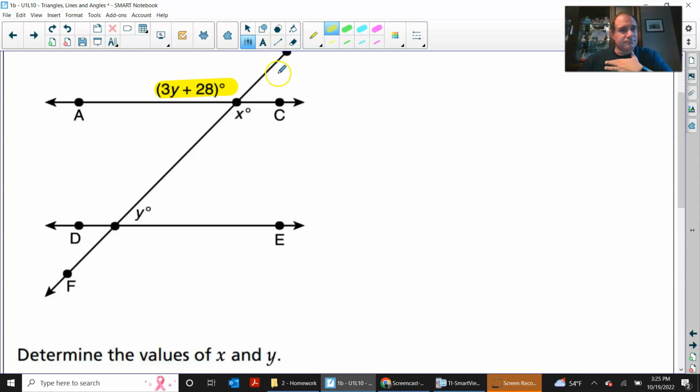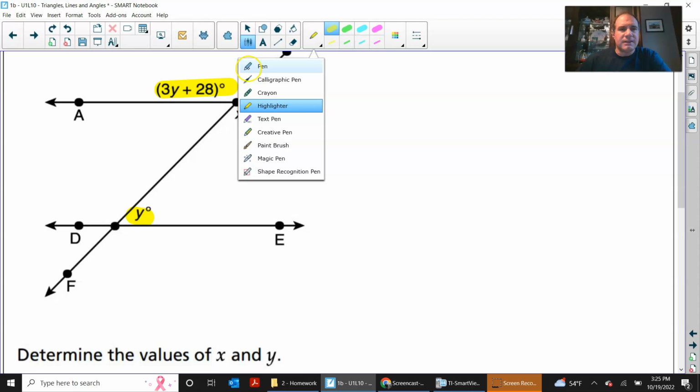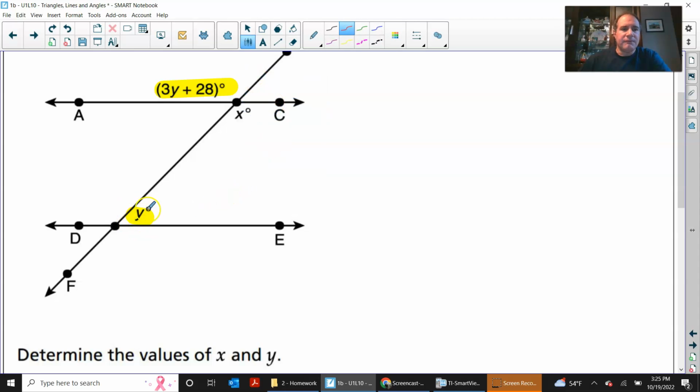So that's not what I want to do. But we could create an equation with the same variable. They give you a y down here, and they give you a 3y plus 28. You have to ask yourself, what's the relationship between those two? If I were to create an equation, what would I do?